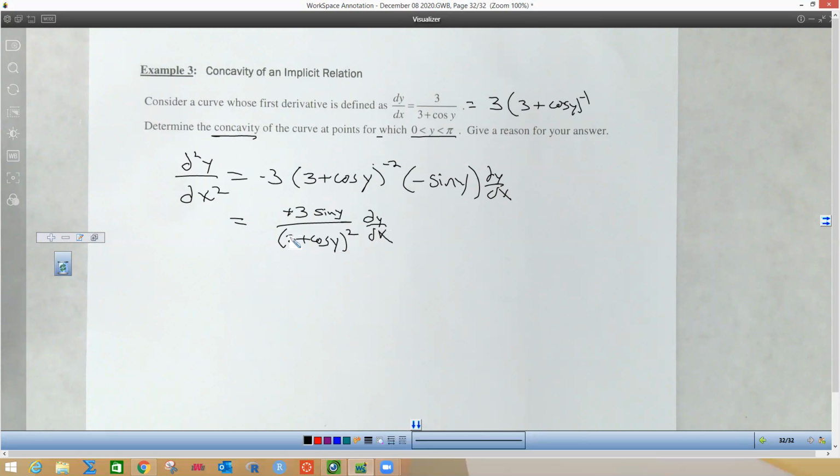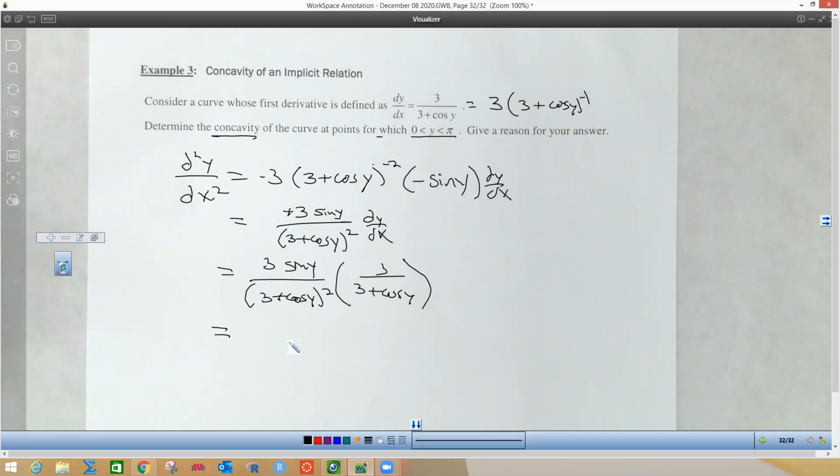Now, if you'd done quotient rule, you would have gotten this same thing right here. But what I want to do now is plug this thing in. Again, you don't want dy/dx in your second derivative, so we want to plug this back in for that. So I'm going to have 3 sine y over (3 plus cosine y) squared, and then I'm going to have that times 3 over 3 plus cosine y.